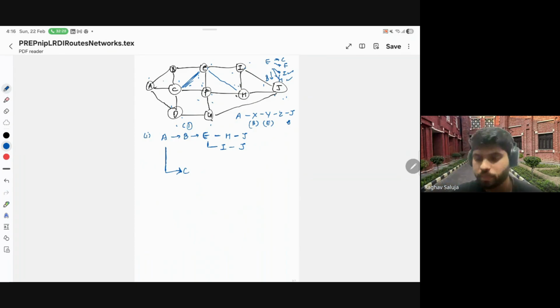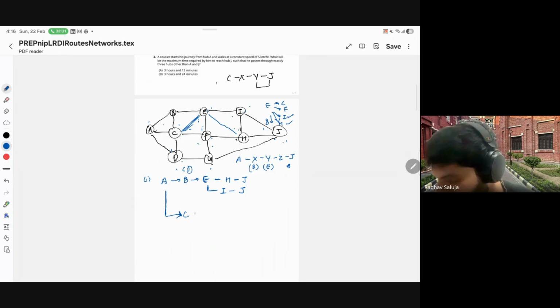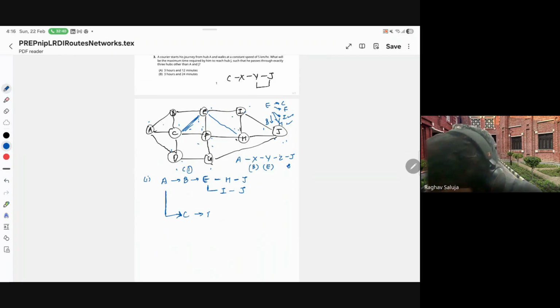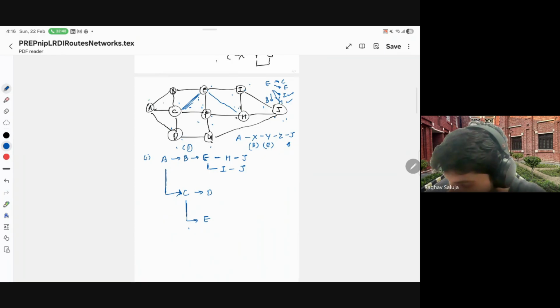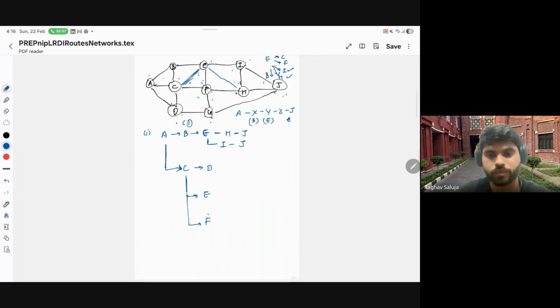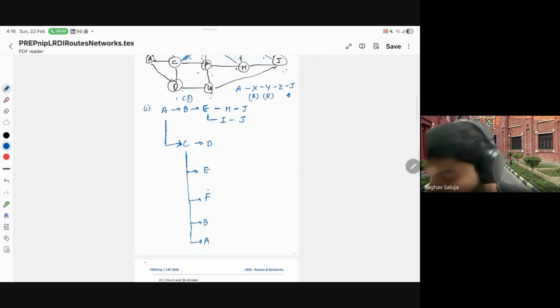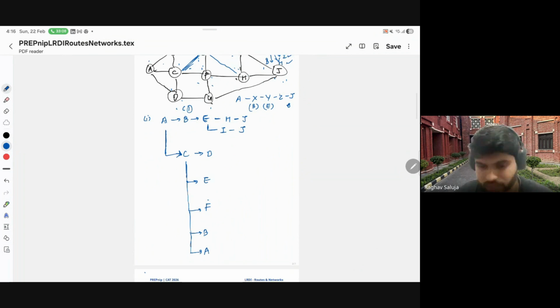Now from C, tell me, where can I go from C? From C I can go to D, from C I can go to E, from C I can go to F, from C I can go to B, from C I can go to A. This is where I can go from C. Okay?